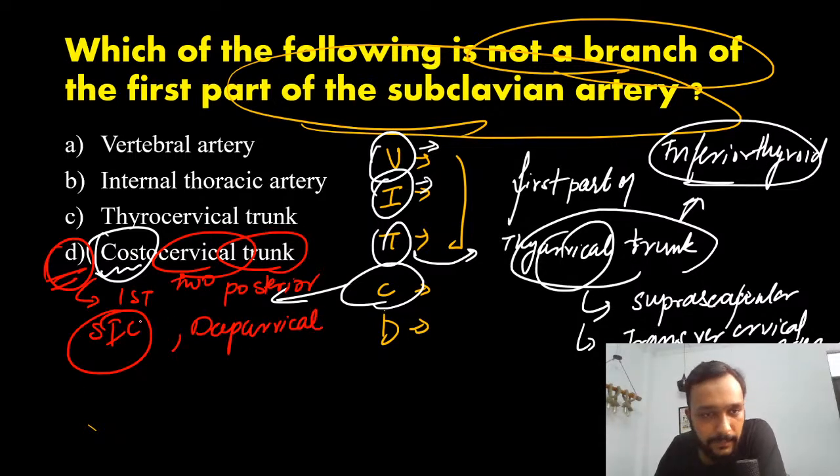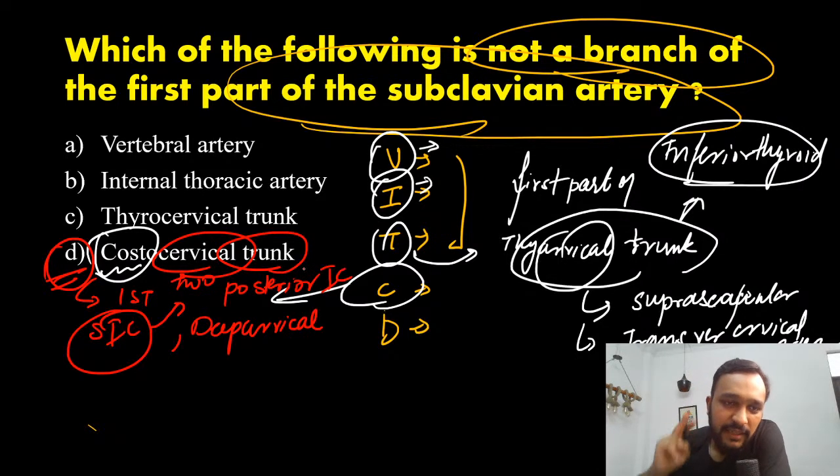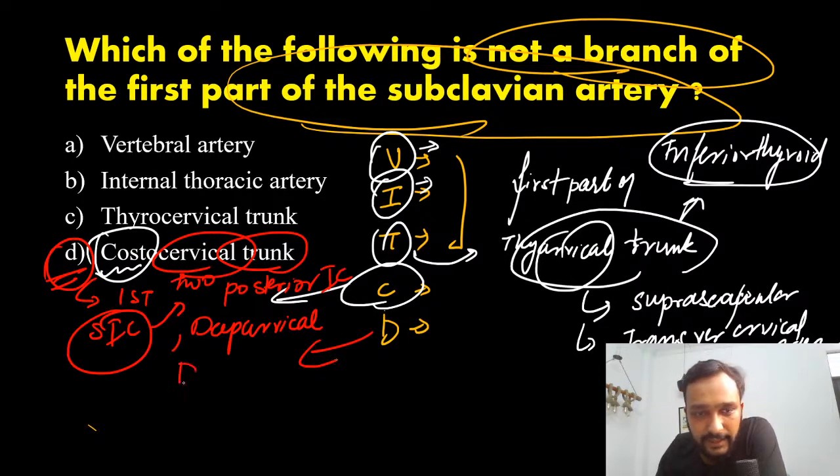So just remember the superior intercostal artery is going to give rise to the first two posterior intercostal arteries, and the rest of the posterior intercostal arteries arise as direct branches from the descending thoracic aorta. And guys, D stands for dorsal scapular artery.